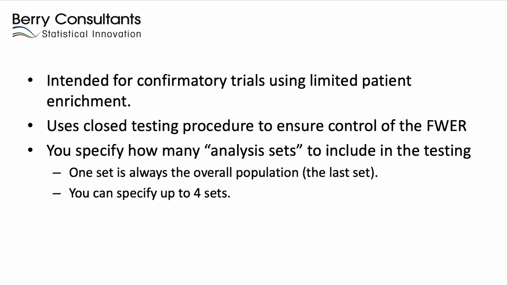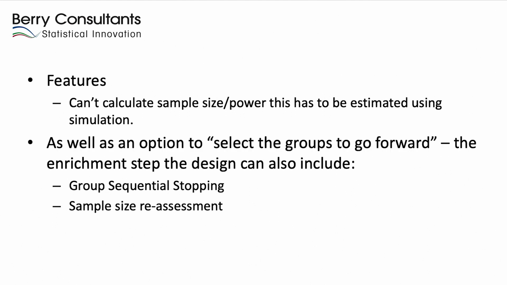What we can do is specify how many analysis sets we can include in the testing, one set always being the overall population, the last of the sets, and we can specify between 2 and 4. Because of this, in this kind of design, we can't calculate the sample size or power, and this has to be estimated using simulation.